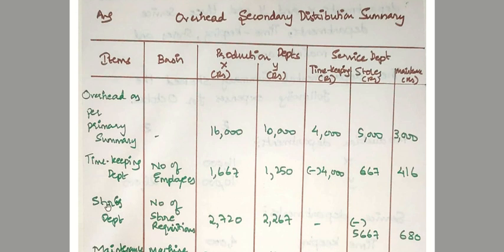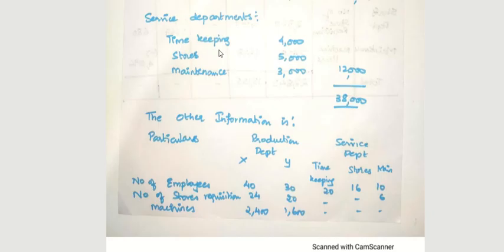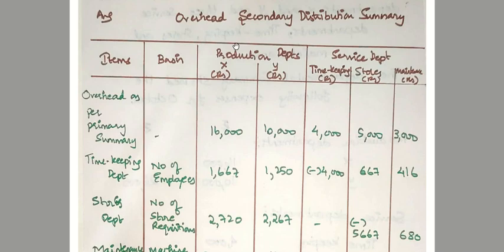So if you see, we have 3 service departments given in the question: your timekeeping department, your stores department and maintenance department. Always when we are starting with the secondary distribution as per the step ladder method, we will start with the overhead as per primary summary.